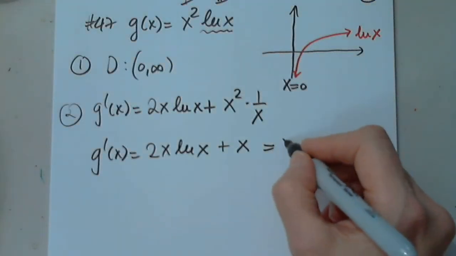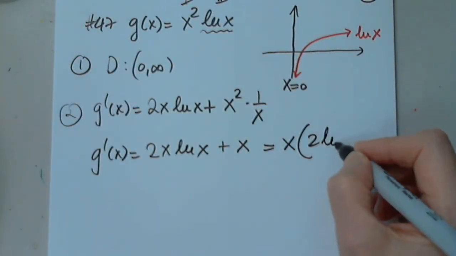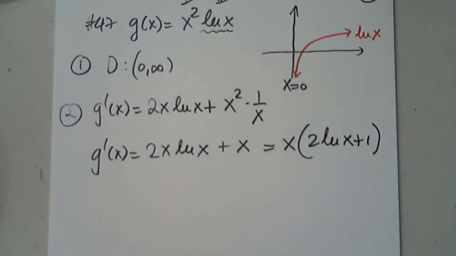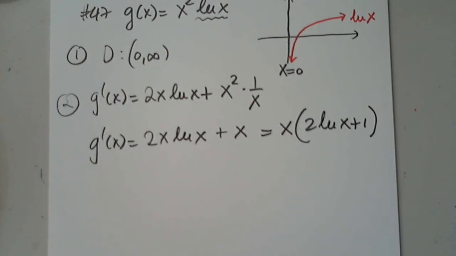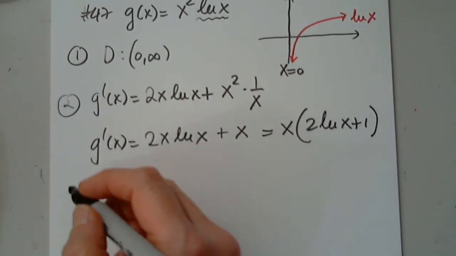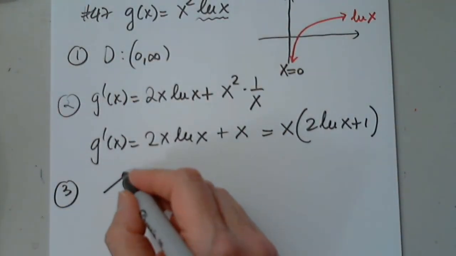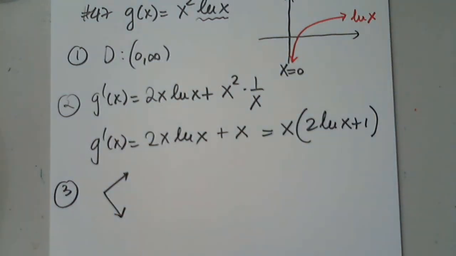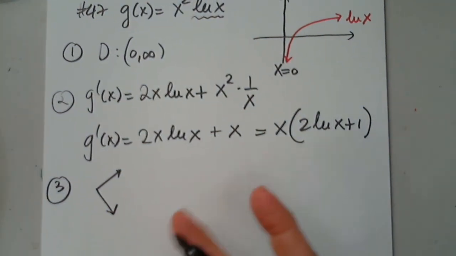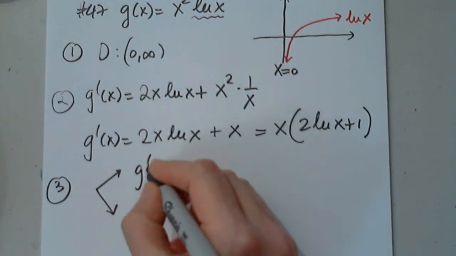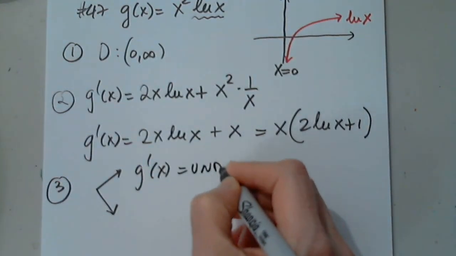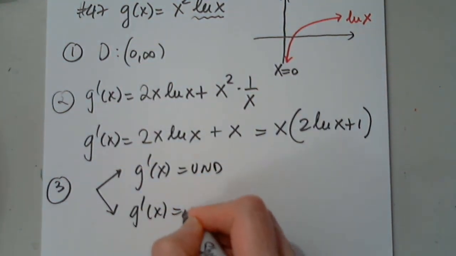We will definitely factor out x: 2 natural log x plus 1. In step 3, we know critical numbers come from 2 sources. It doesn't matter the order you check. You can say g prime of x undefined and g prime of x equals 0.